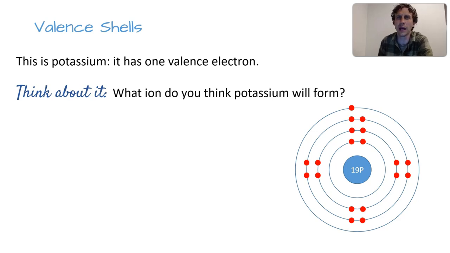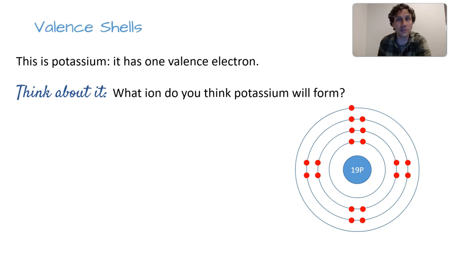So how many electrons would potassium need to gain in order to fill up this 4th shell? Well, the 4th shell can hold 18 electrons. So potassium's not going to gain 17 electrons. It's much easier to just lose this one. And if it loses an electron, will it become +1 or -1?